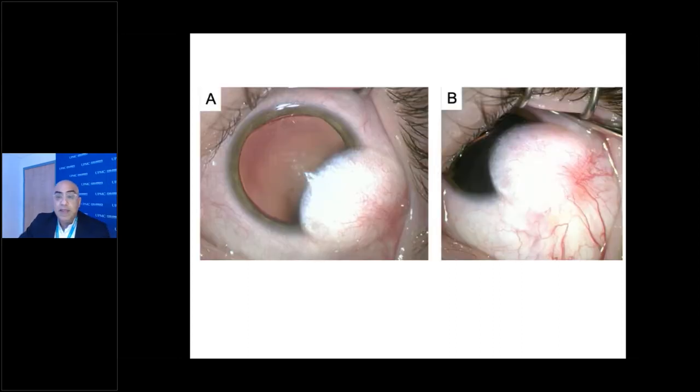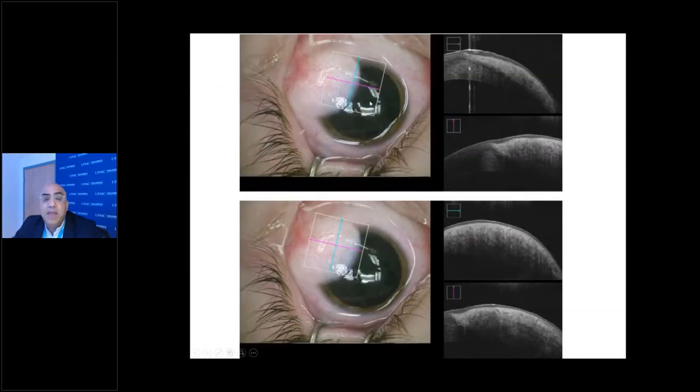Okay, so here is a child that was sent to me with a big corneal dermoid, and the special imaging technique I'm showing you allows us to see the depth of the dermoid.